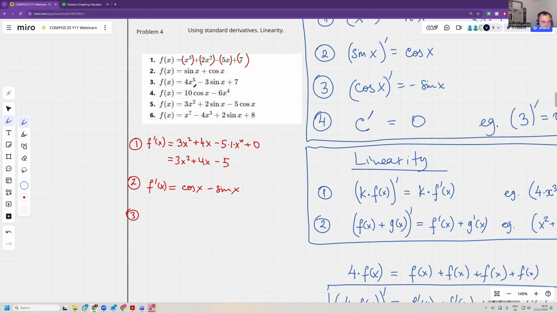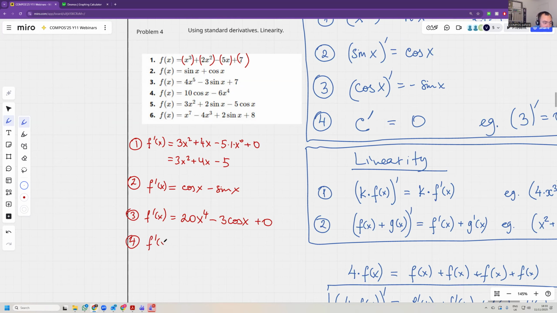3: 4 times x to the power 5, minus 3 sine x, plus 7. So f dash of x is 20 x to the power 4 minus 3 cosine x plus 0. That's it. Standalone number is always 0. And if a number is in front of a function, we just keep the number and do with the function whatever we normally do with the function.